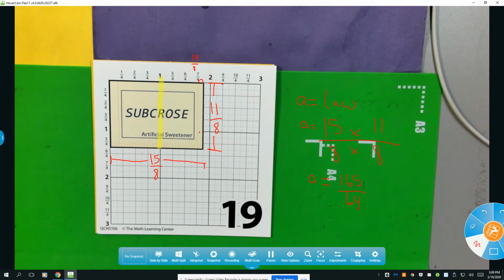I'm going to give you a second to catch up. Now, I'm going to give you 30 seconds right here. And I want you to do fractions as division and do 165 divided by 64. I'll set it up right on the side. So here is 165 divided by 64.